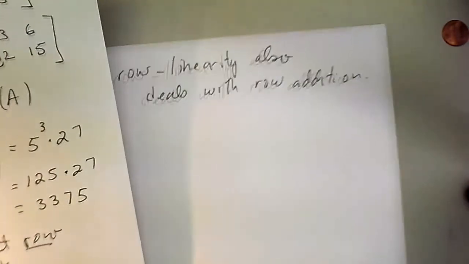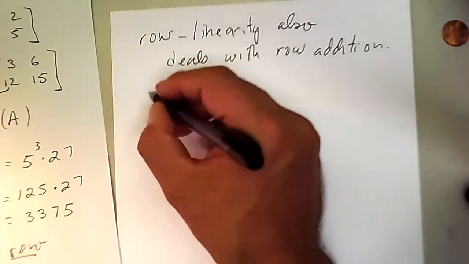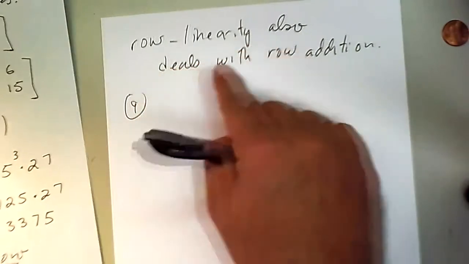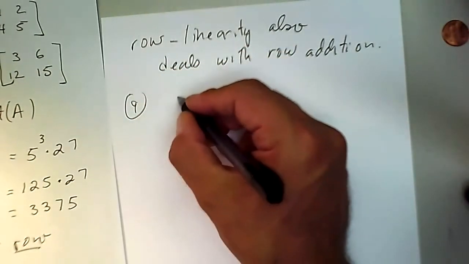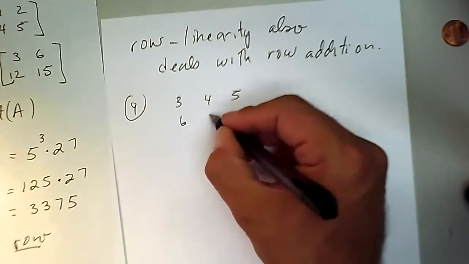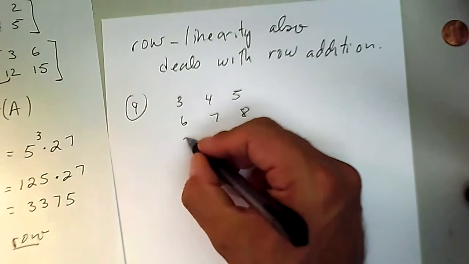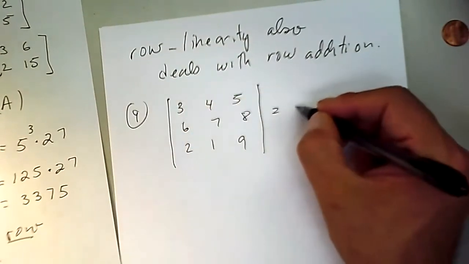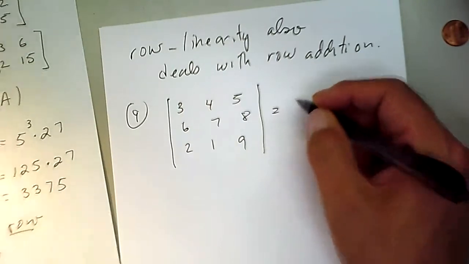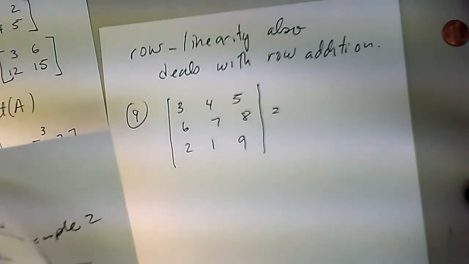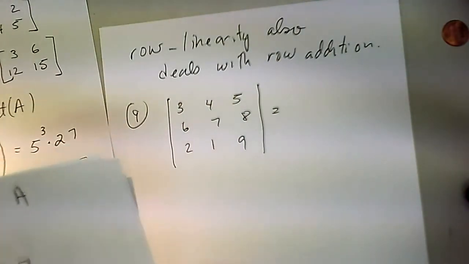Yes. Let's say, okay, so let me come up with an example. Example 9 of what I mean here. 3, 4, 5, 6, 7, 8, 2, 1, 9. We know that the determinant of that is... I have to go back. Oh, I think I just realized there's a small mistake here.